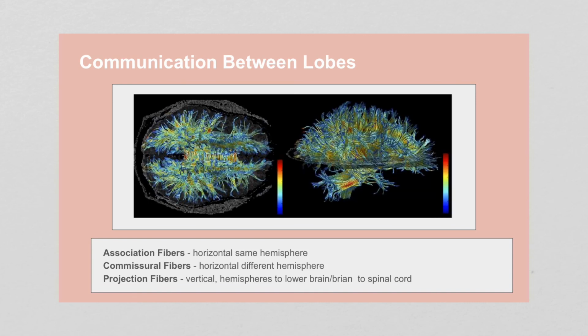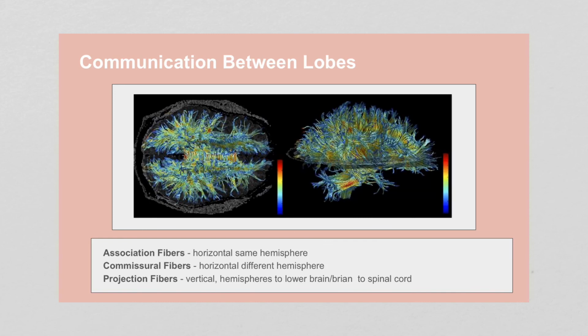And if we're looking at fibers that send information vertically, either from the cerebral cortex to the lower brain, or from the brain to the spinal cord, they're called projection fibers. So let me just draw that out for you. If we're looking at information traveling this way, it's going to be an association fiber.